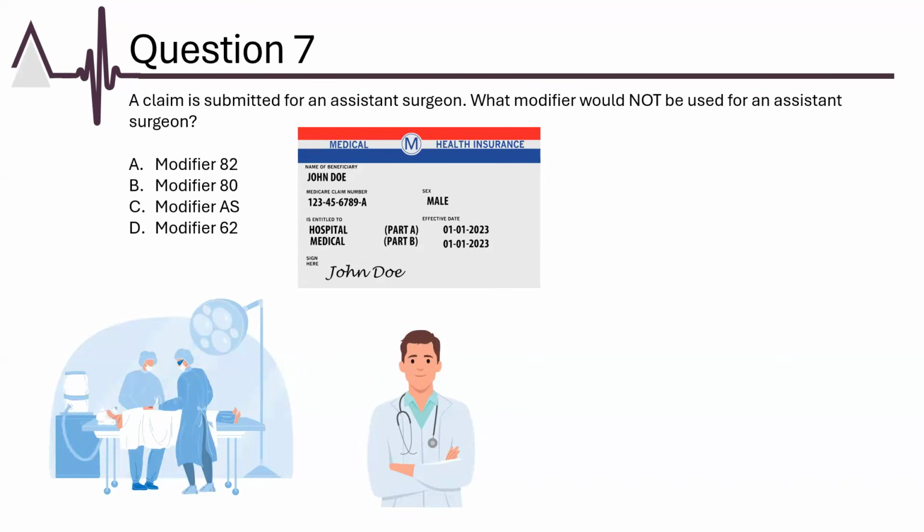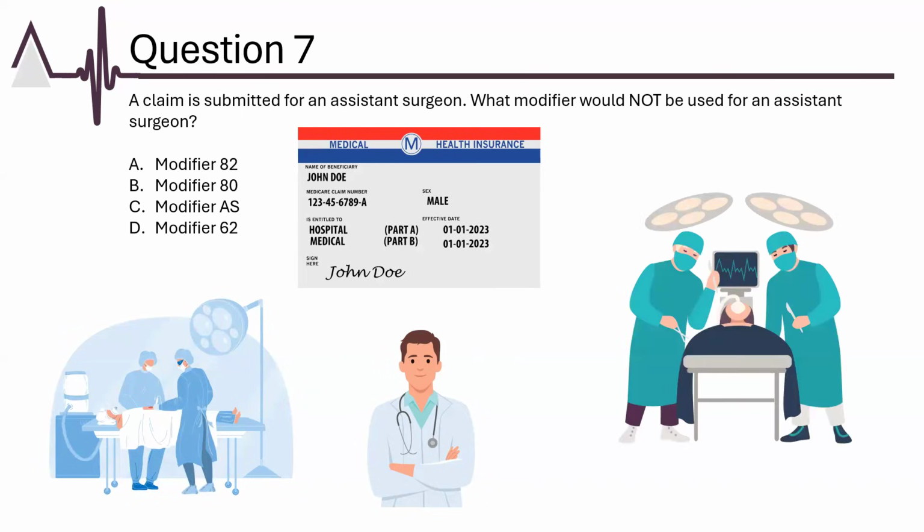Modifier 82 is used by a physician in a teaching facility when a qualified resident is not available. Modifier 62 is used when two surgeons are involved, but they meet the definition of co-surgeon and not assistant surgeons. So this would make D the correct answer, modifier 62.